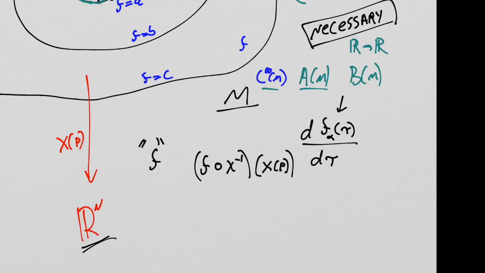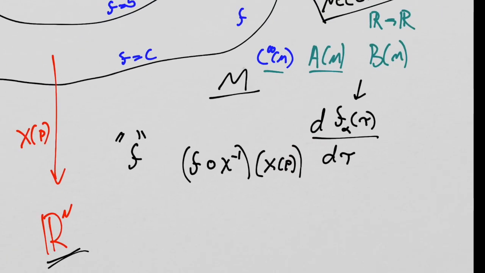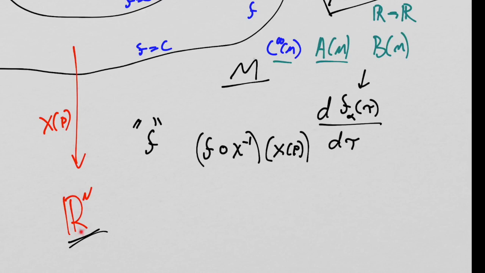Remember, x of p takes a point in the manifold and gives you coordinates. So I start with a point p in the manifold, I map it to Rn and I get its coordinates.